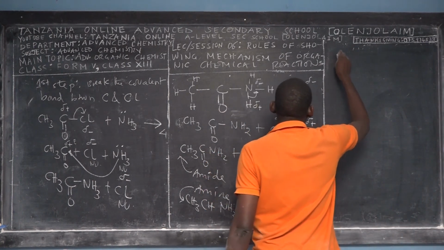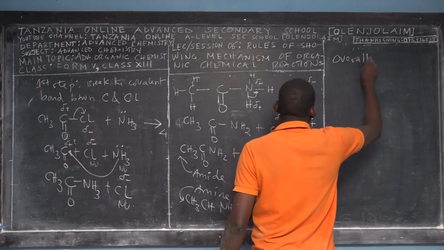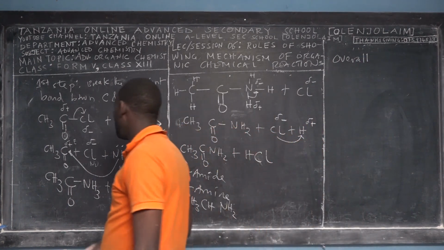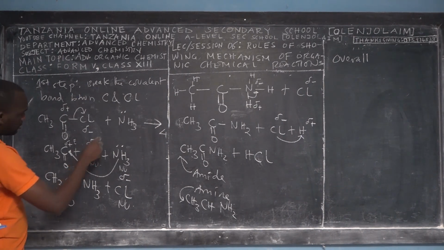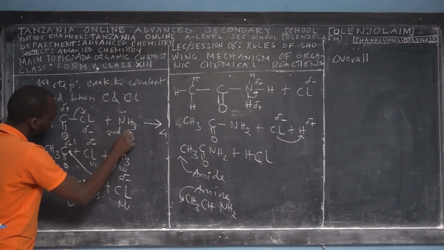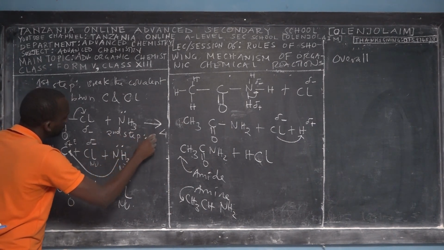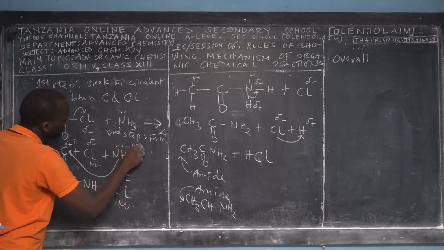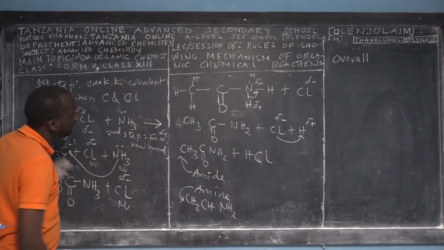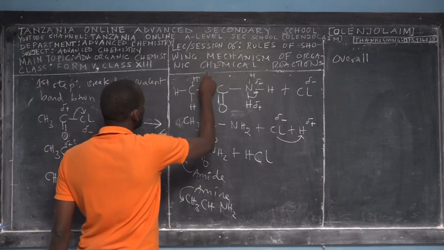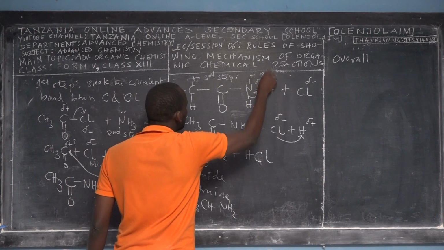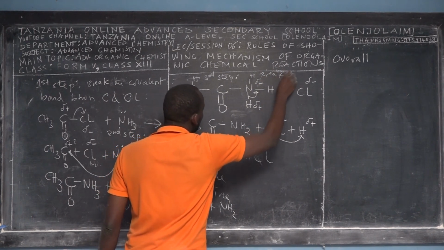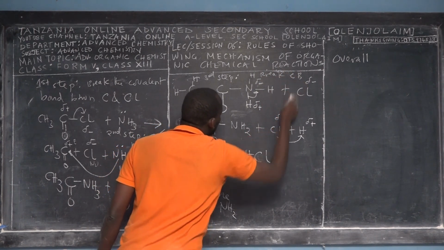So, the overall reaction now. Because that was the first step, we break the bonds. Then the second step, we form a new bond. And this is the third step. In the third step, we break a covalent bond.